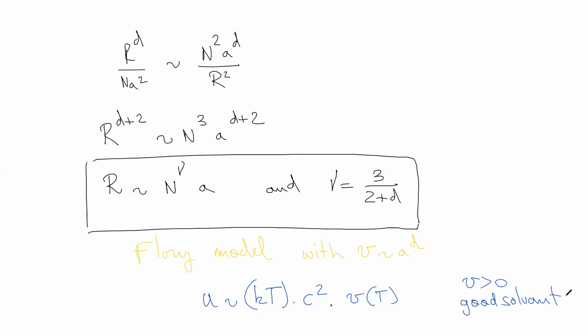But in fact, here there is no solvent. So you see, we get the swelling ingredient just by avoiding repulsion, and this is the idea. As soon as you avoid contact between monomers, you have a more swollen chain. So a self-avoiding random walk is larger in extent than an ideal one. No solvent here. But of course, in reality, there is solvent, and this is what we would like to consider now.